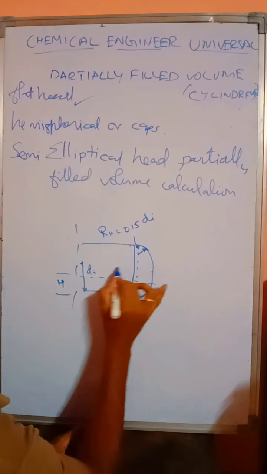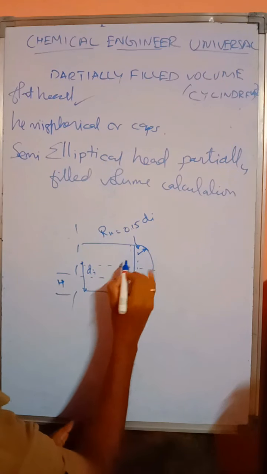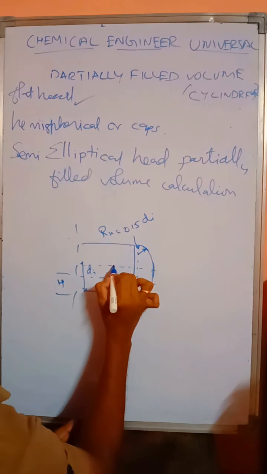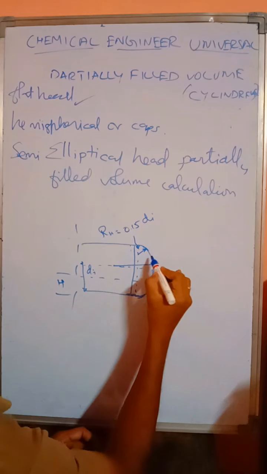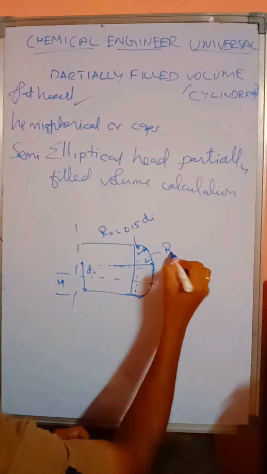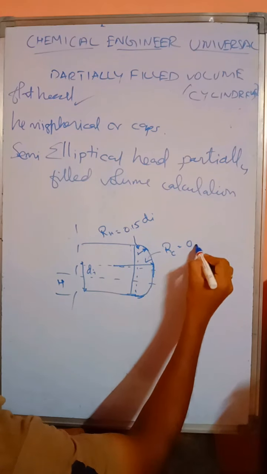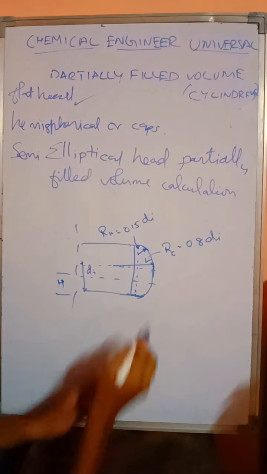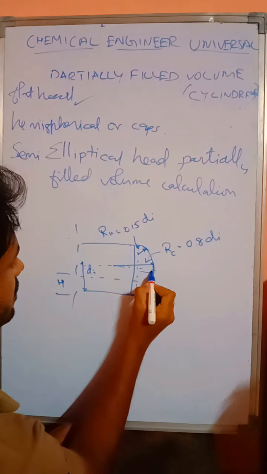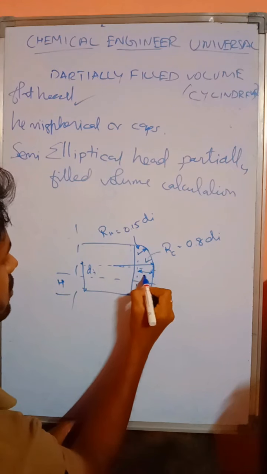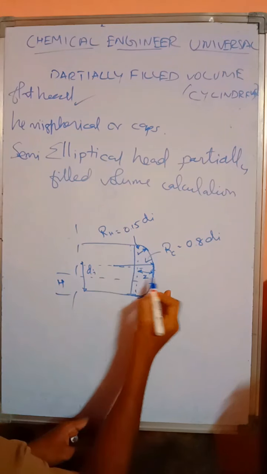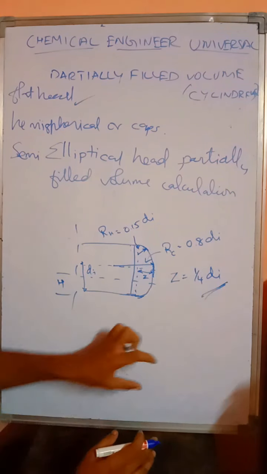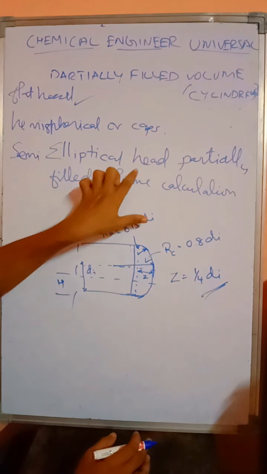And the dia for this portion, this also here ellipse, half of the ellipse, so the dia will be, this is called crown radius, so this is equal to 0.8 times of internal diameter. Okay, so mostly, and you see that depth, this is called depth from the flat position. So this will be mostly 1/4 of the internal diameter. If this is the case, this is how the semi-elliptical head will be.